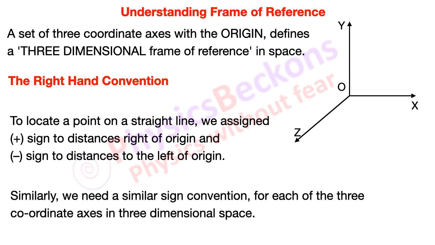Similarly, we need a similar sign convention for each of the three coordinate axes which we set up in three-dimensional space. To elaborate, let's see what we mean by the three coordinate axes and how we set up these coordinate axes.